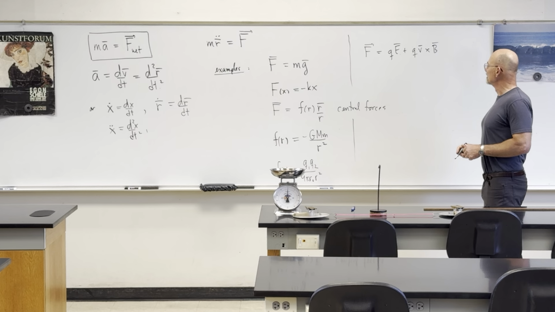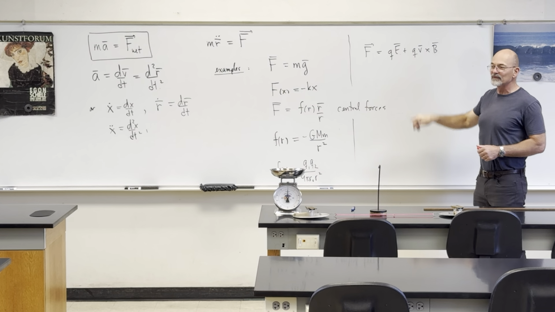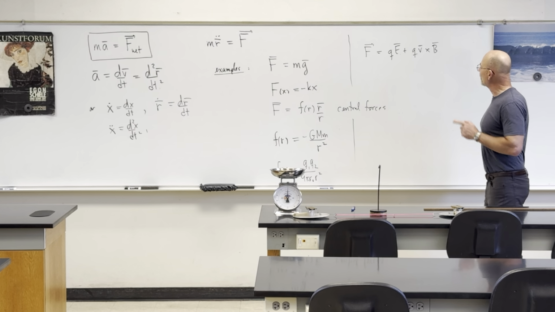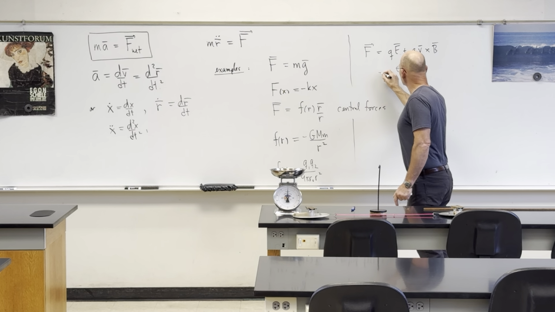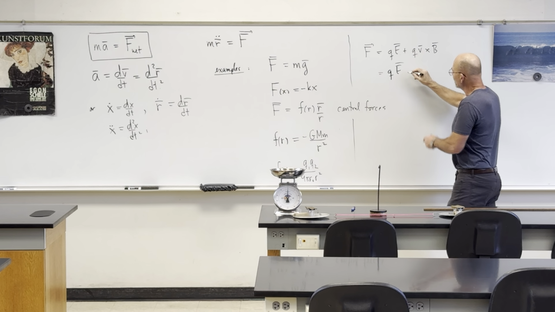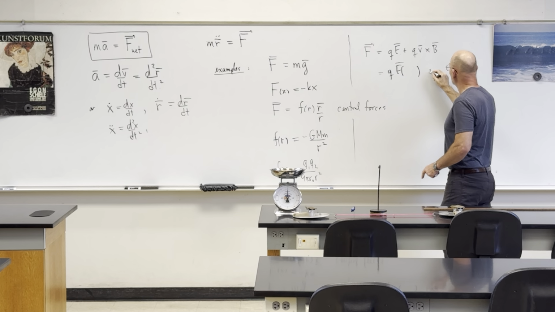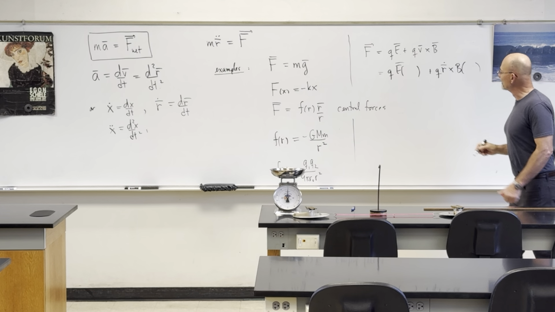And that would be electric charge, that would be the Lorentz force, right? So what's important about this one is I could bring in that dot notation. We could say that's QE, and let's leave some room here, okay? I'm gonna put some arguments there. Plus Q r dot cross B of some arguments.